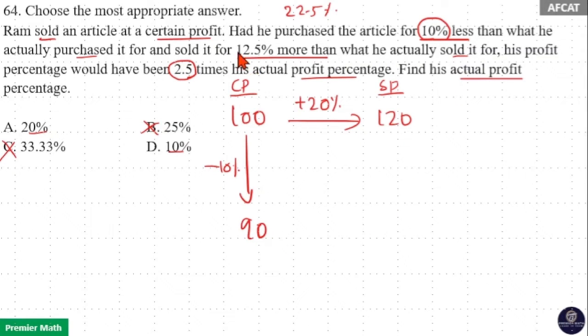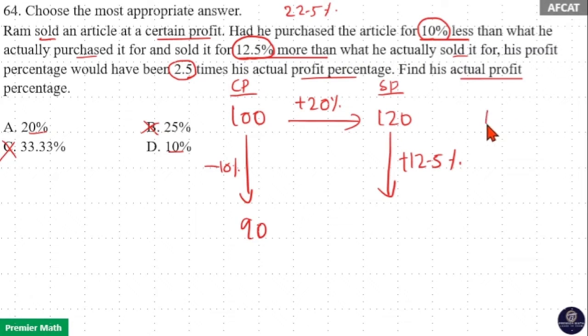And if he sells it for 12.5% more than the original selling price, here the original selling price is 120. If he sells it for 12.5% more, 100% of 120 is 120 and 10% of 120 is 12.